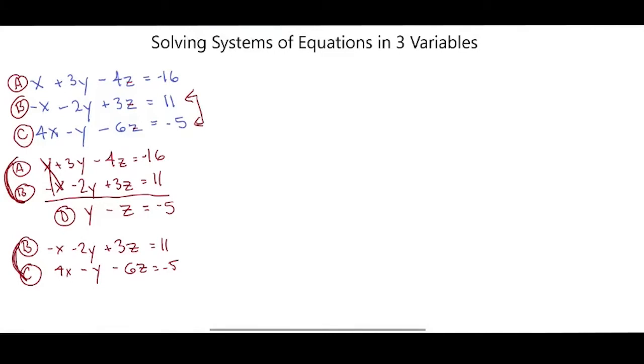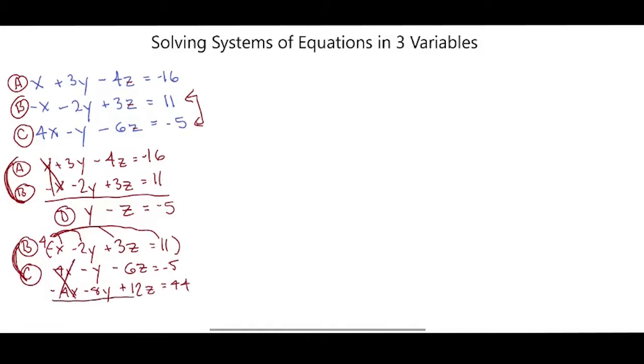So the way I'm going to do that is I'm going to multiply my top equation by 4. Okay, so I'll do 4 times that, 4 times that, 4 times that, and 4 times that. So that gives me negative 4x minus 8y plus 12z equals 44. Well, I see that my 4x minus 4x cancels.